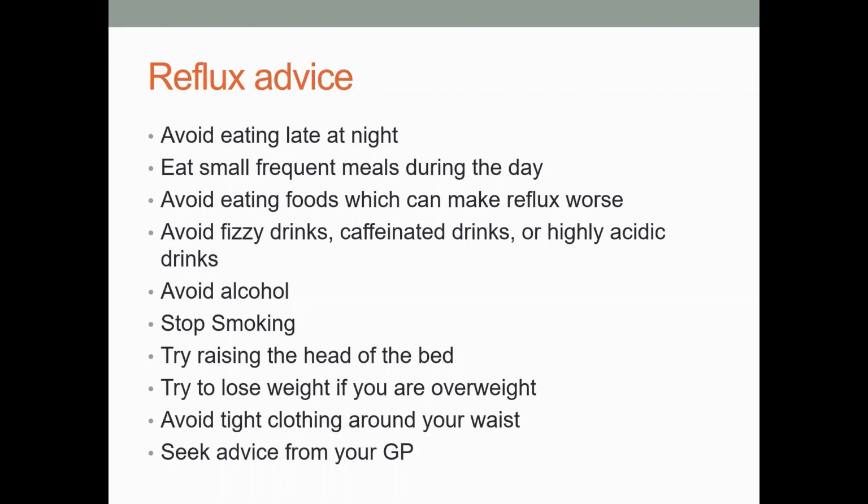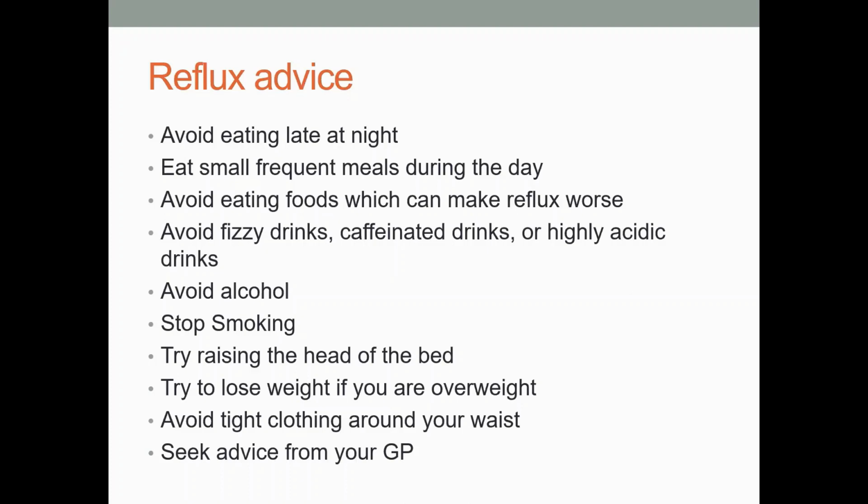There are lots of foods that can make reflux worse, so avoiding these is useful. This can include high fat foods, chocolate, prepared cakes, desserts, spicy foods, citrus fruit and mint.